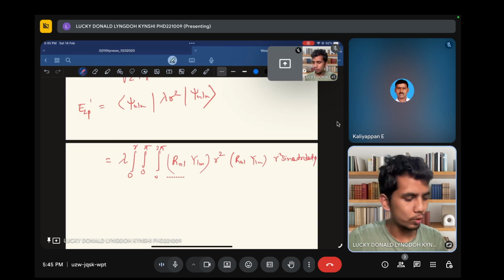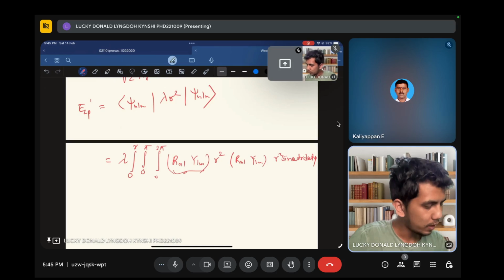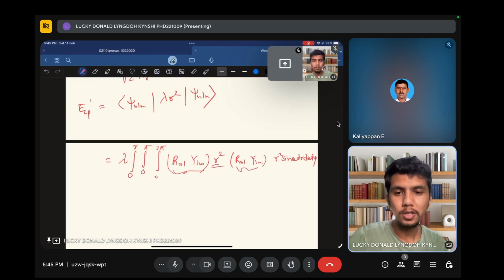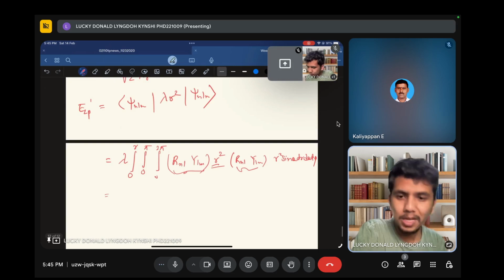This again is the same thing. Instead of putting psi, you just put the radial part times the spherical harmonics, and you put the perturbation part as well. Now, what we can do is separate the radial part from the theta and phi part.